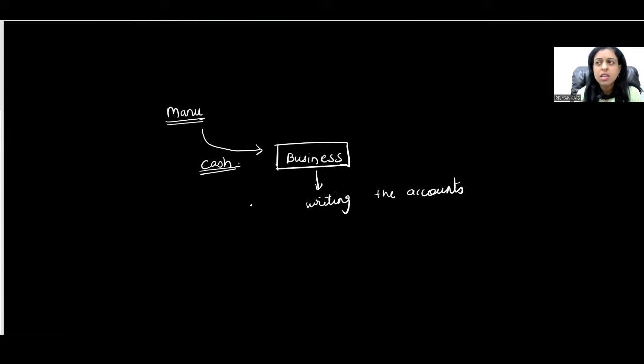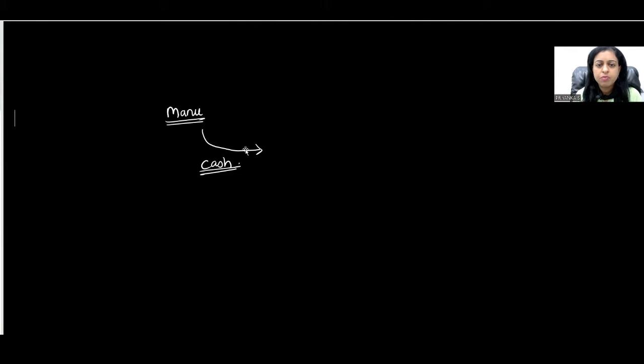Manu is giving you money. So as a business, what would you do? You would say Manu is somebody who is giving the capital to the business, and second, cash is coming into the business. Got it? So based on these points, we are going to write the accounts. Okay, let's proceed.